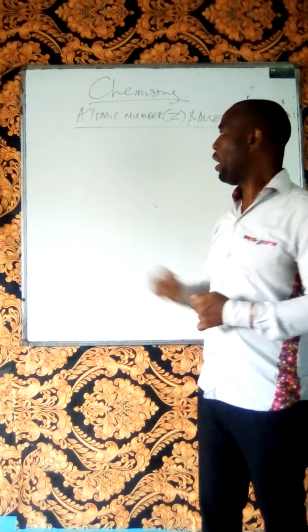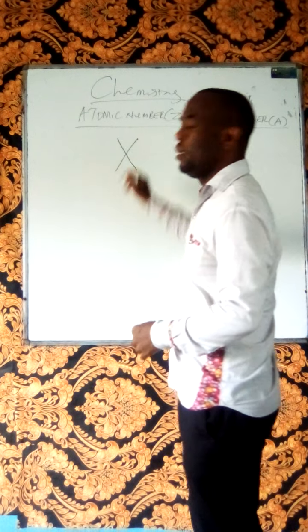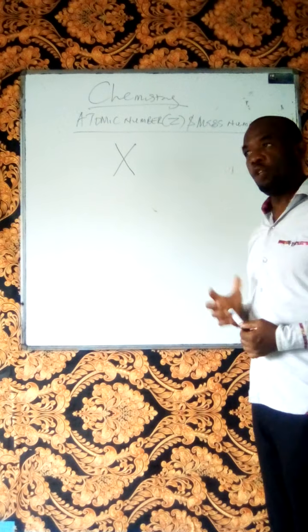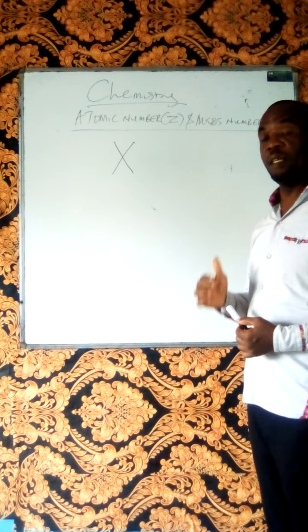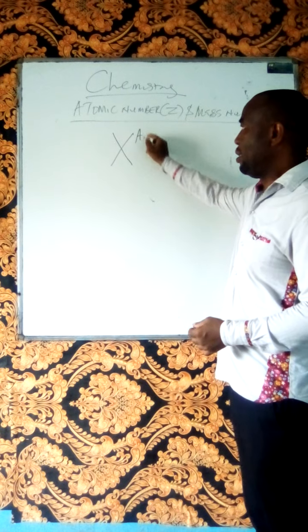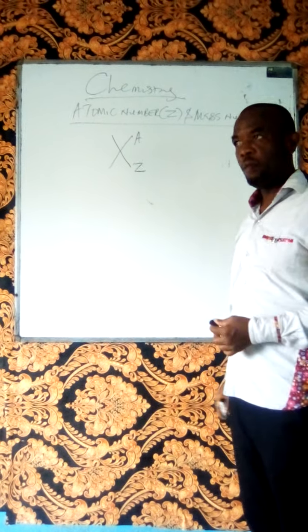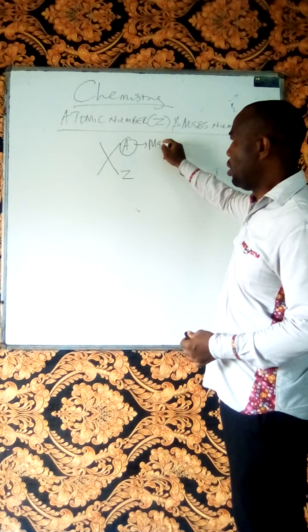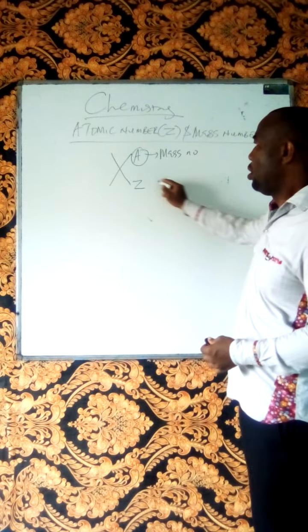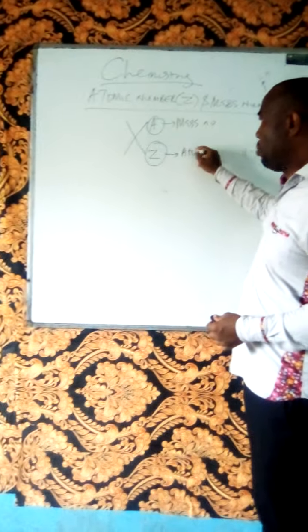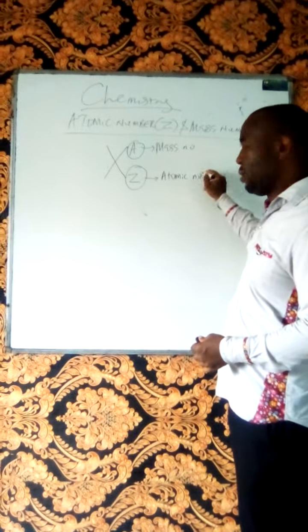Atomic number. If S represents the symbol of an element, there are two numbers always associated with the symbol of an element. These numbers are written as A and Z. A, which is the superscript, is called the mass number of the atom, while Z, which is the subscript, is called the atomic number of the element.